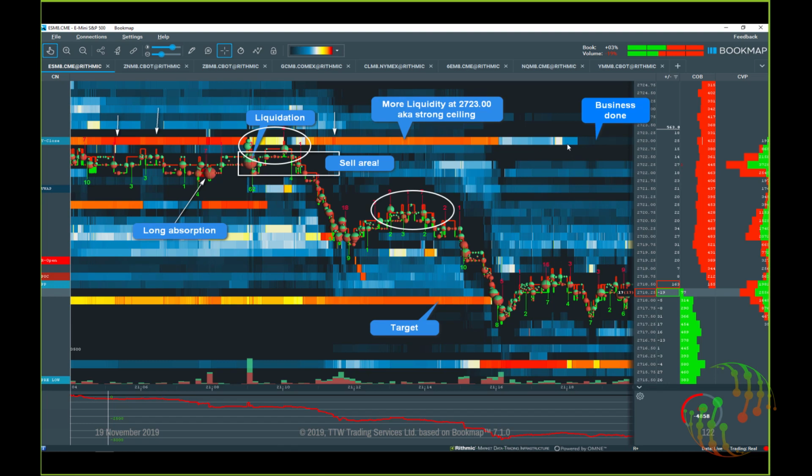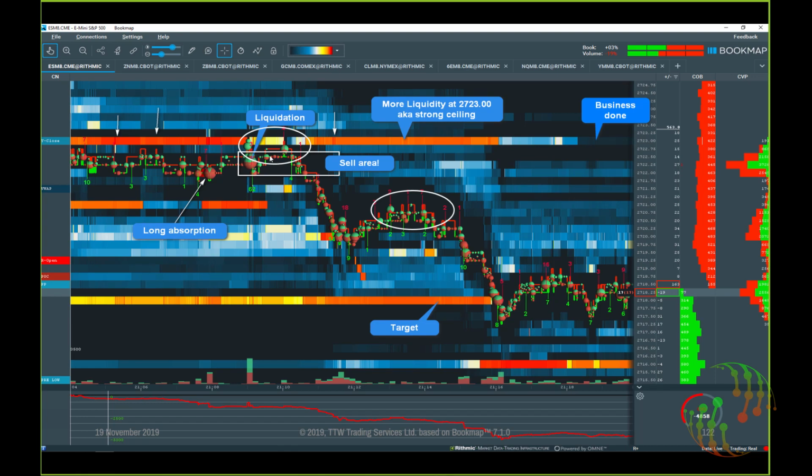But it happens a few minutes after this business was really done here, because they reached what they wanted, they canceled everything here. What is 10 and 16? That means 6 minutes. So after this liquidation, after this absorption, it took 6 minutes before they canceled everything. Now you are safe. You are sure that this was a sell here.